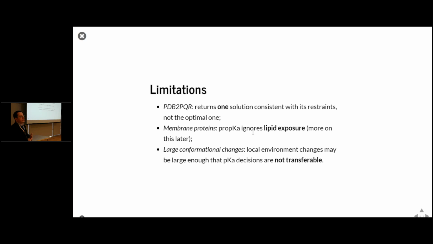But since we are going to go towards, for example, folding whole proteins, this may become something to be considered. So if you are expecting very large conformational changes, you may want to redo the protonation, or at least check whether they are transferable between structures.